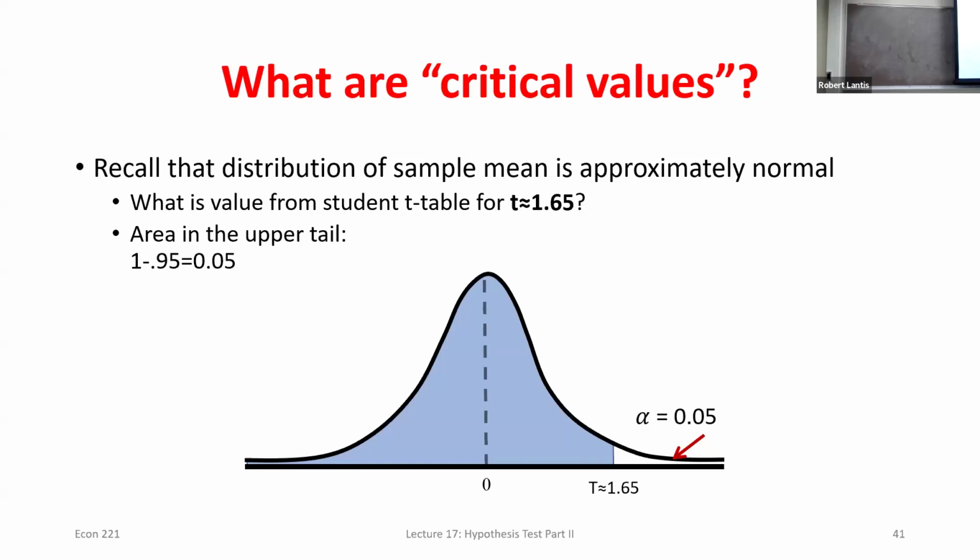So I know that there is some t-value, not a test statistic, but just a t-value, that is going to be associated with 0.05 in that right tail. Then if I see a test statistic that's any larger than that cutoff value, I know that I can reject the null. Because for any value larger than this, what's the area of my tail going to be? Less than 0.05. The probability of seeing it is going to be less than the threshold value of alpha that I set.